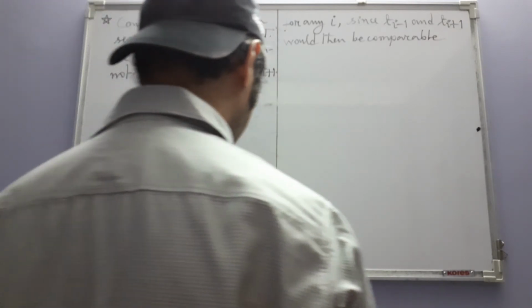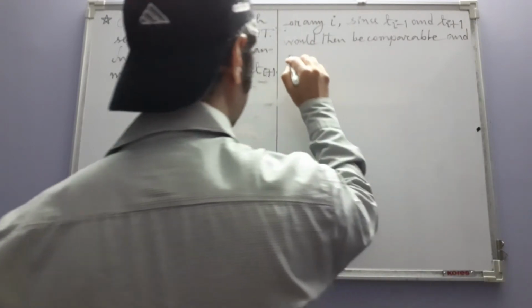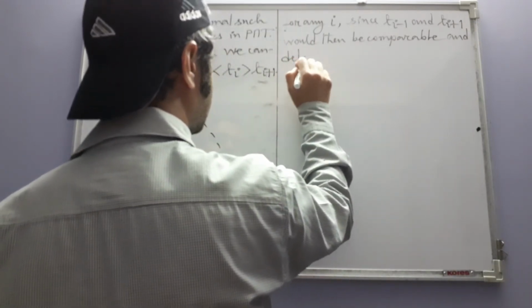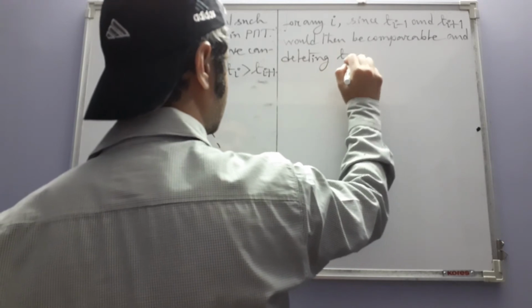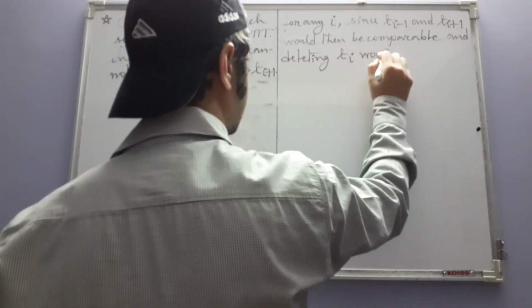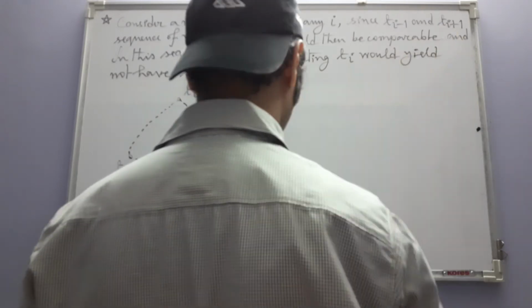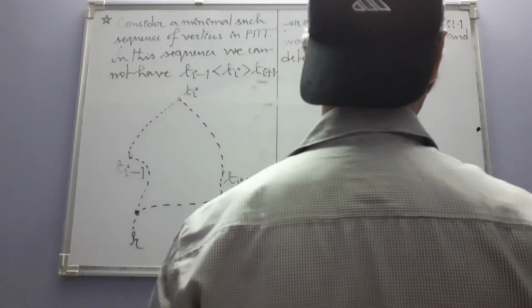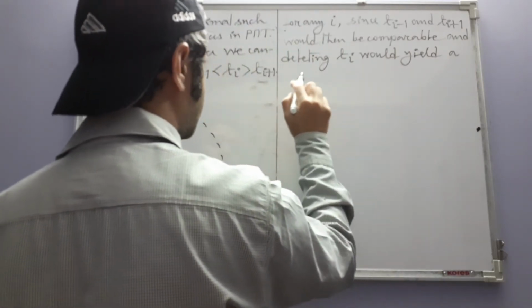And deleting Ti would yield a smaller subsequence, which is not possible given the minimality of this sequence.